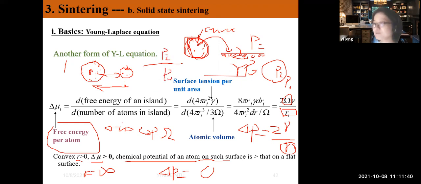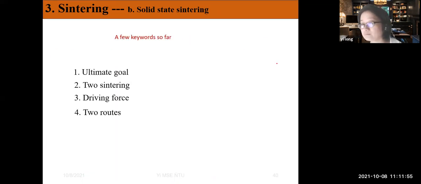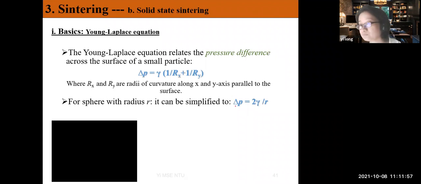Every time we talk about inside and outside, it is something like this. Delta P equals the surface tension term, 2 gamma over R. 2 gamma over R.